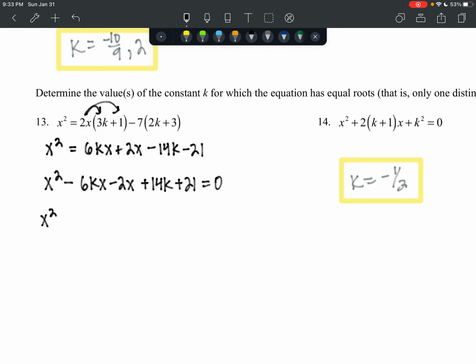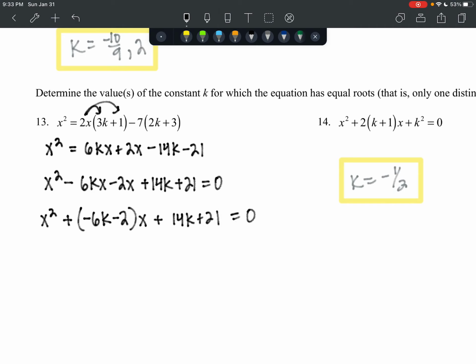And let me factor out the x. So I've got negative 6k minus 2 times x plus 14k plus 21 equals 0.